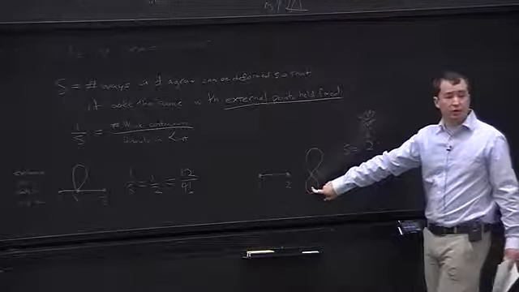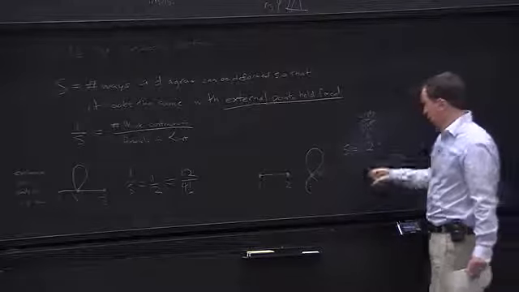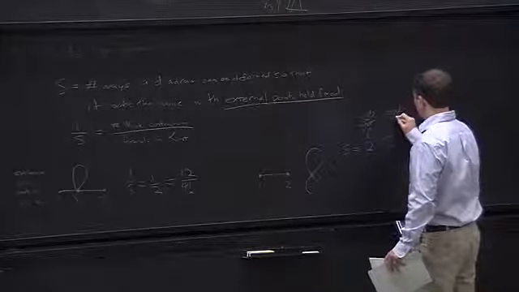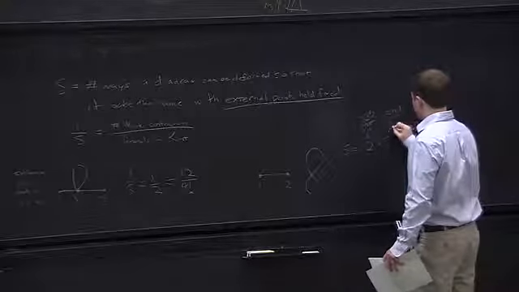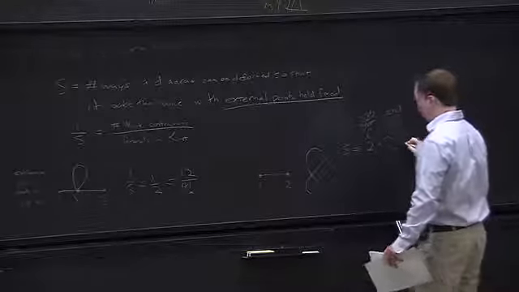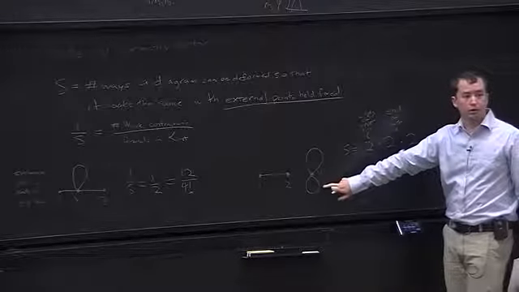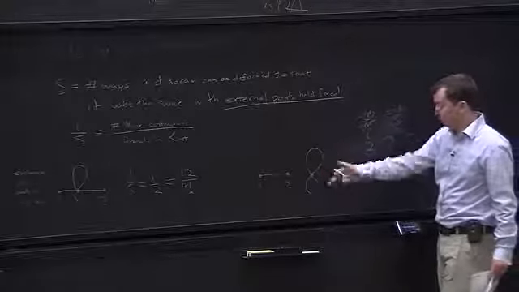We also have a factor of 2 from exchanging the two ends of the lower line. And we also get a factor of 2 from exchanging the upper line and the lower line. If we do all of those things, the diagram looks the same.